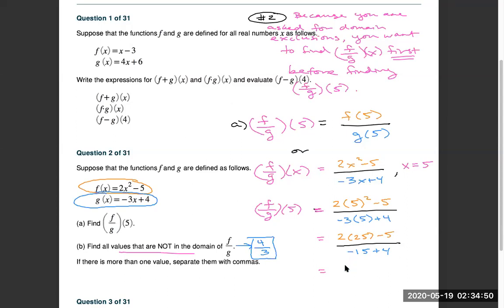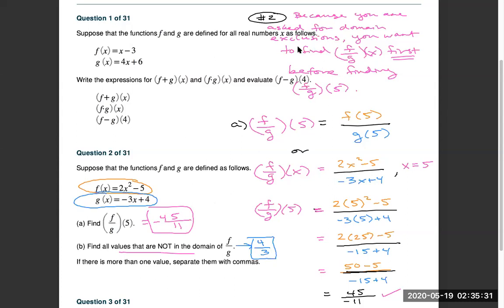That gives you 50 minus 5 divided by negative 15 plus 4, which equals 45 over negative 11. So for f divided by g of 5, we actually get negative 45 elevenths.